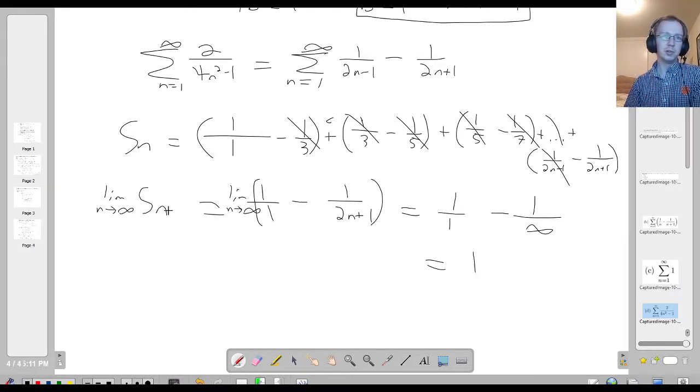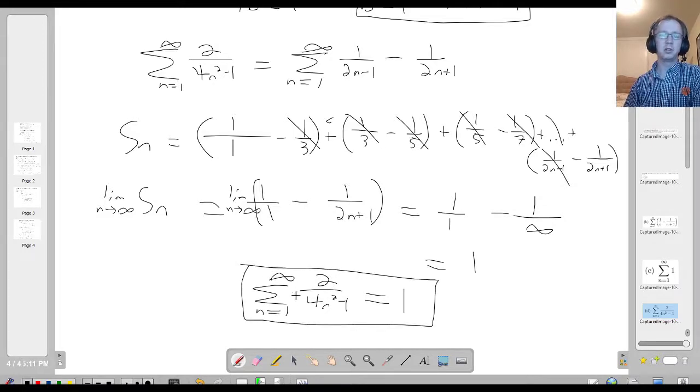Because my sequence of partial sums goes to 1, I can say that my series, the sum from n equals 1 to infinity of 2 over 4n squared minus 1, converges to 1. Now, coincidentally, all the series we've seen that converge so far converge to 1. That will definitely not always be the case. We'll see all sorts of different values we can converge to.